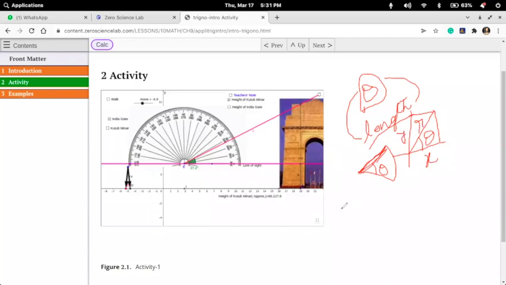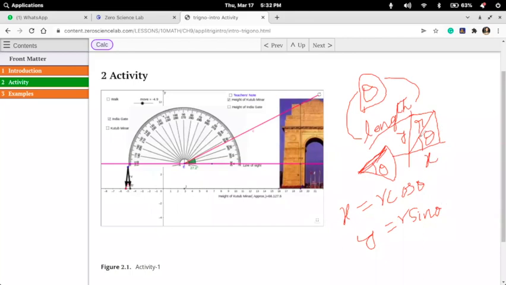So x is equal to r cos theta, right? Y is equal to r sin theta, right? So these are the two equations I got. How did I get them? Because of the trigonometric ratios, from the definition of trigonometric ratios.